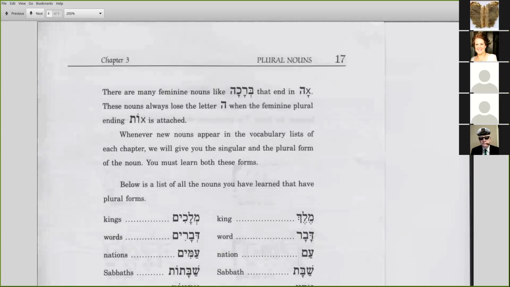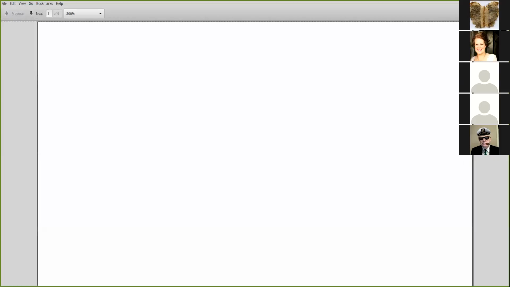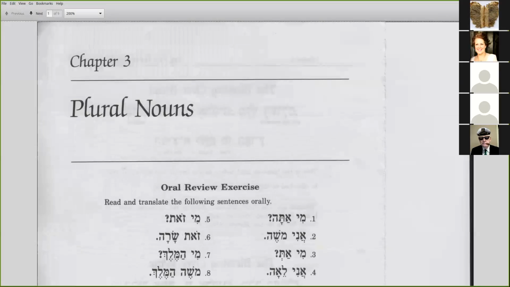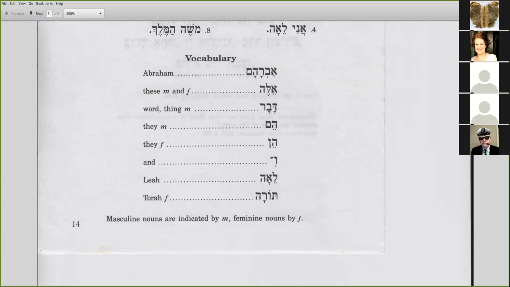Let's see, we need previous here. Get down to number 1. There we go. Okay, so what I'd like you to do is write the vocabulary as we normally do. Give us the transliteration.